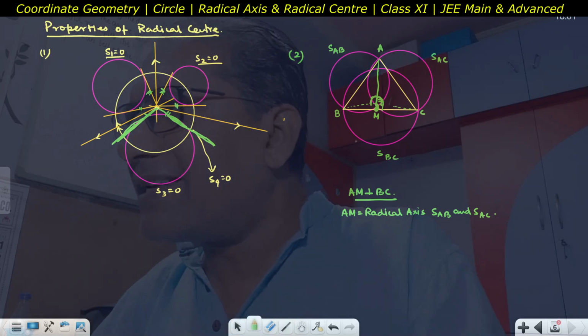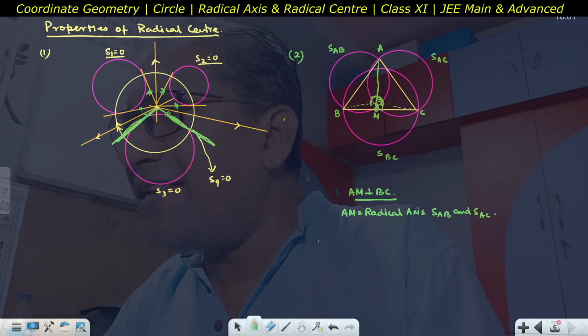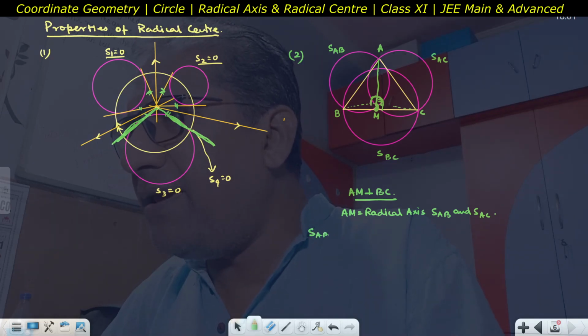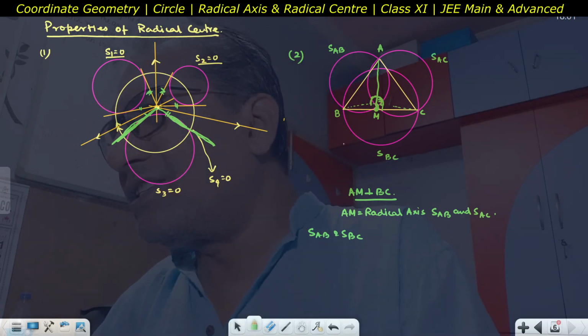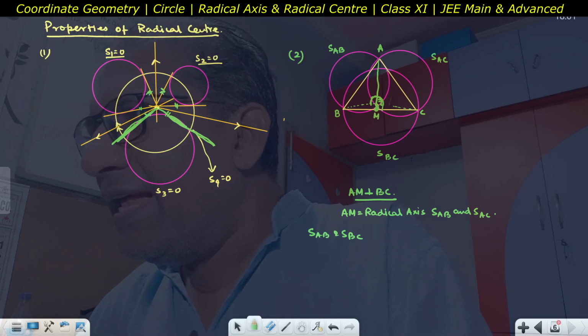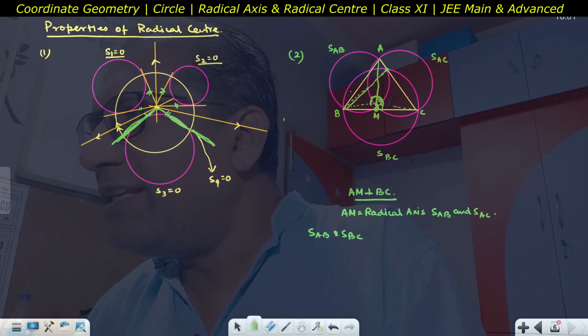Now, let us consider the circle S AB and S BC. Look carefully. For these two circles, if I join this point with B, now see this one.